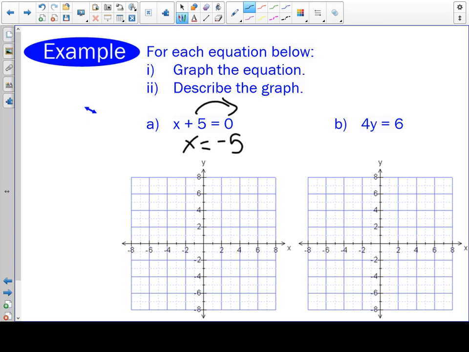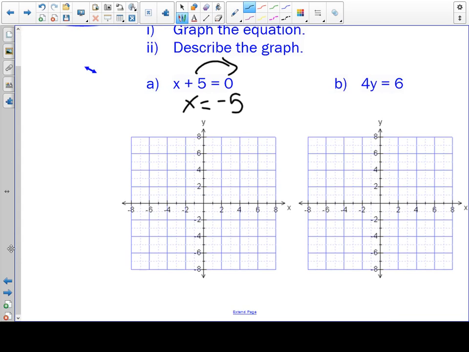Now, how do we graph that? Well, x equals something is going to be a vertical line. So that means it's going to be going up and down. So here's another thing. When you draw these lines, you need a ruler. So you can ask the substitute teacher to reach into the bottom right drawer of my desk and give you a ruler because your lines do need to be straight.